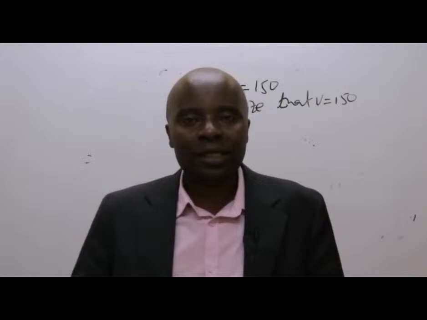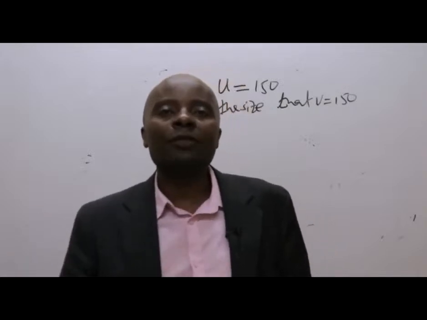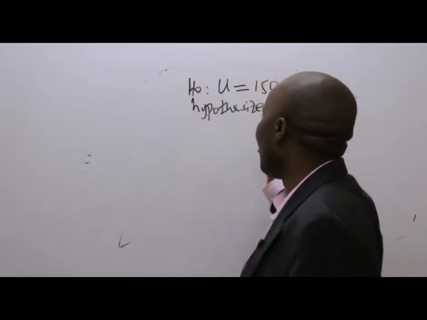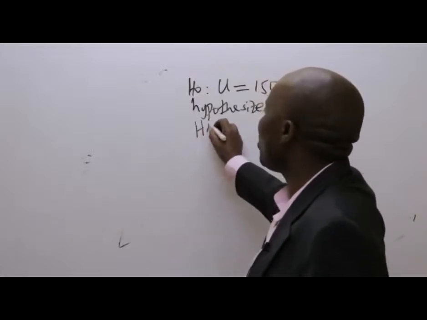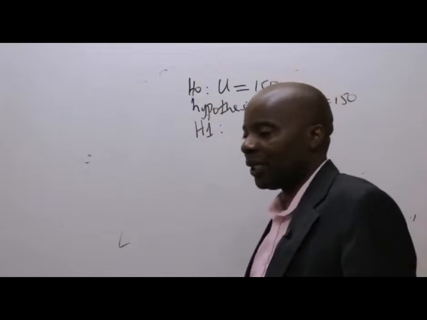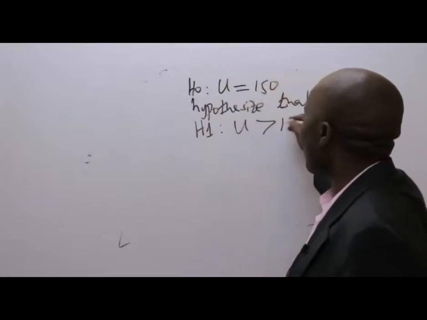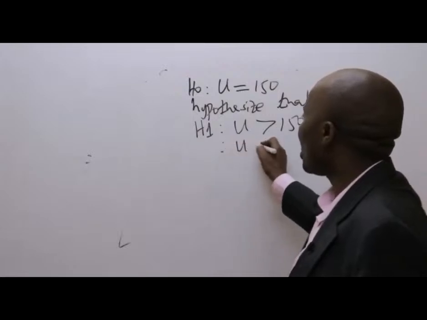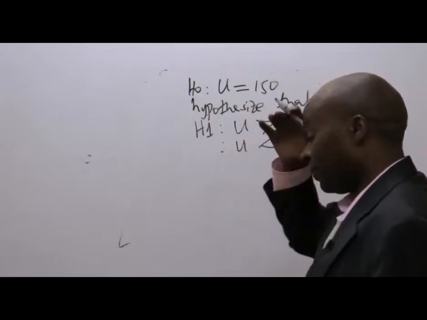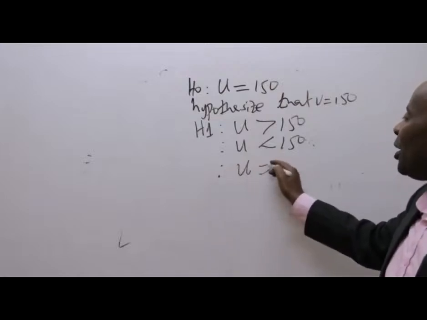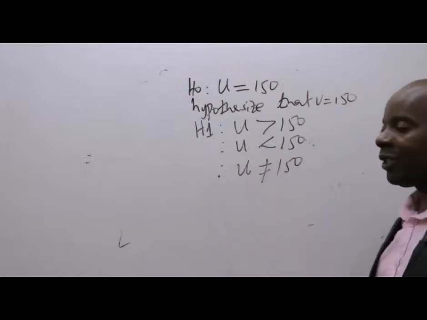And for us to test this, we need an alternative. Listen to me very well. For the alternative, which we'll be calling H1, there are three possibilities. It is either you'll tell us U is more than 150, or U is less than 150, or U is not equal to 150.